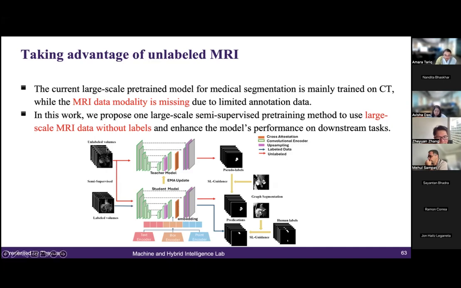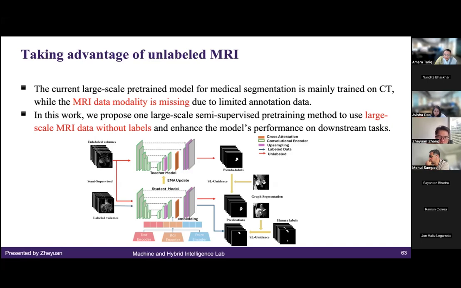Then for unlabeled volumes, we can use artificially generated prompts, like artificially selected points or boxes, and use them to run inference with this teacher model so that we can get pseudo labels. With these pseudo labels, we can train the student model. However, in this training process we need to be careful, because a lot of the time your model might collapse when you have relatively limited data applied on large unlabeled volumes.